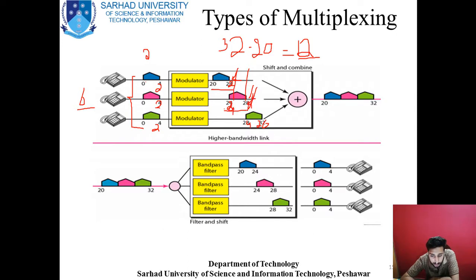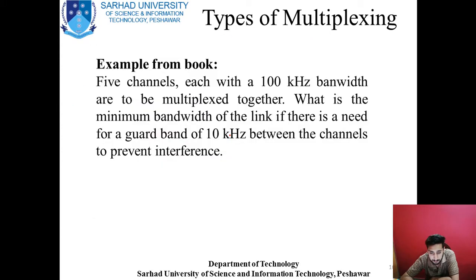You have left basically 2 kilohertz, and in the last case you should assign 28 to 30 kilohertz. In this case, you have left the guard bands which will be able to tackle the noise in the future. So this is the brief example which explains the process of FDM very easily.